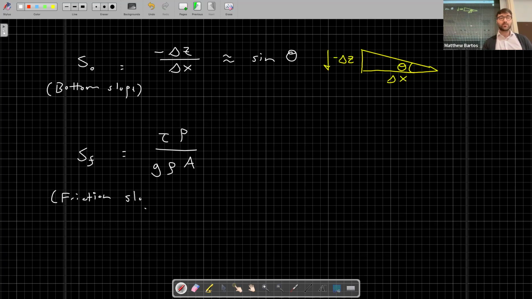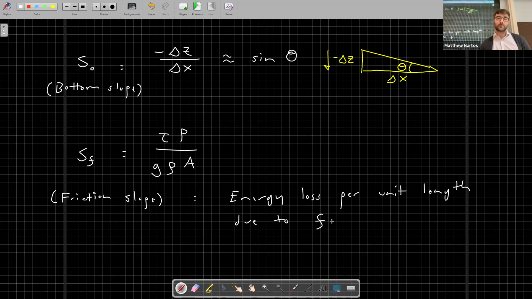What it really is is the energy loss per unit length due to friction. We're just going to define this term for convenience. And again, this is going to be used later when we start talking about the energy equation later today.